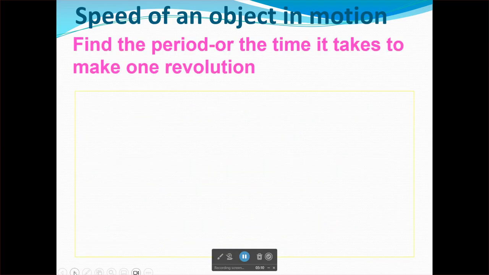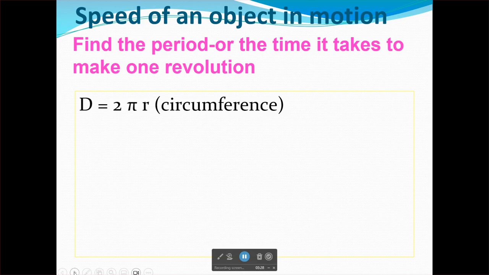All right, so let's look at the speed of an object in motion, okay? So in order to find the time that it takes for one revolution, right? The period is the time it takes to make one revolution. Well, we know the circumference formula is 2 pi r. And that circumference for an object in circular motion is going to be the displacement, okay?